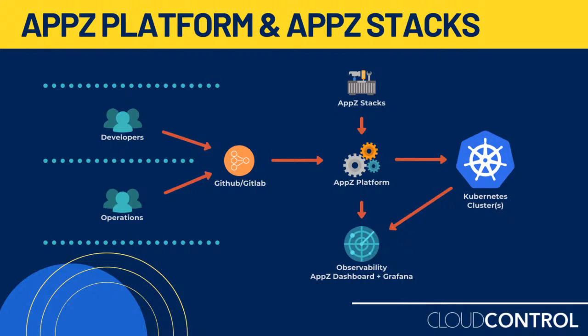But sitting in these positions, all you are interacting with is your source control, GitHub, GitLab, Bitbucket, and through those interactions, you are making changes either in your application or in the configuration of your infrastructure.